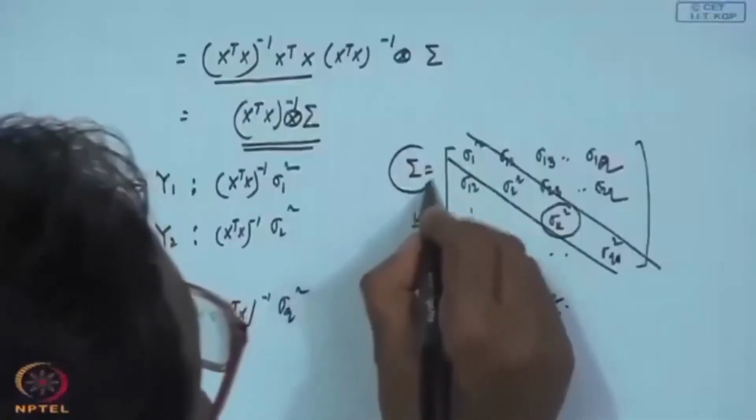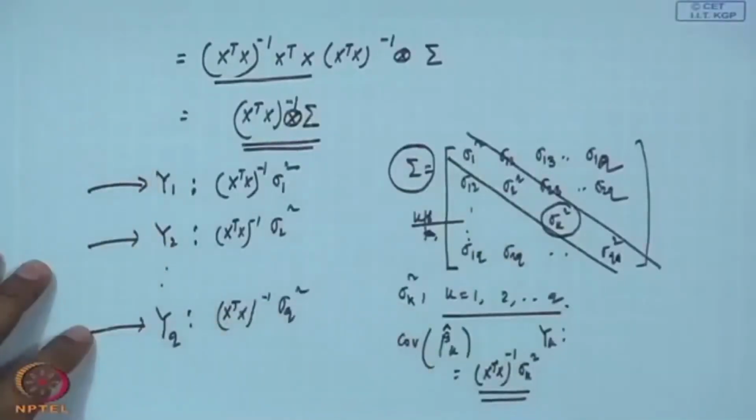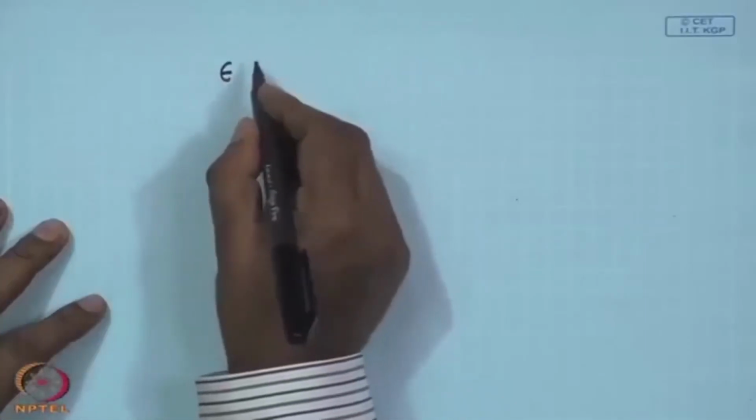But the question is that capital sigma is not known. So how do we understand what this sigma is? But you know epsilon cap is known to you.